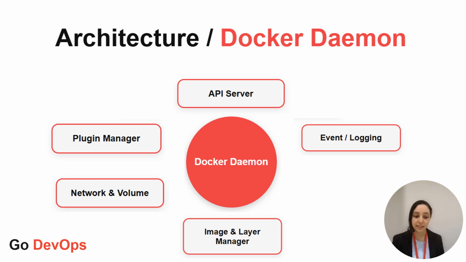We have the plugin system, which lets Docker extend its functionality with plugins for storage, networking, or logging. Then events and logging: the daemon continuously emits lifecycle events and logs for debugging and monitoring.